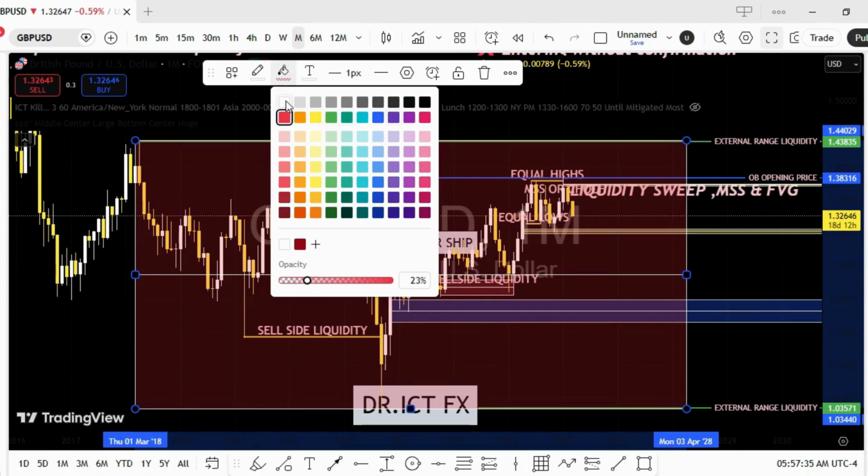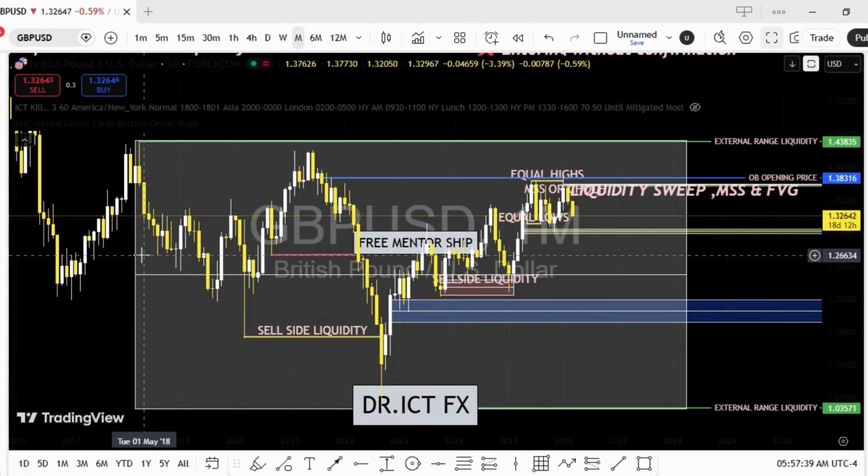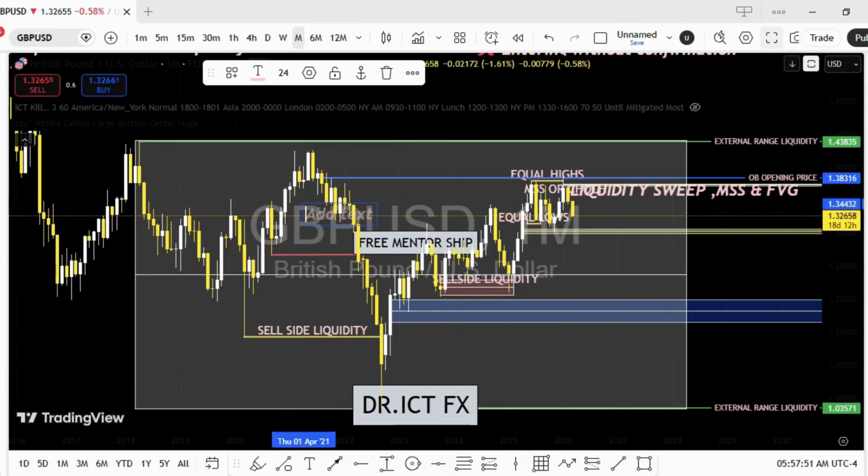Let me use a white color. You can see there is a half of the rectangle. The half of the rectangle above is what we call the premium. The half of the rectangle below is what we call the discount. Let me put a text. This is what we call the premium zone.